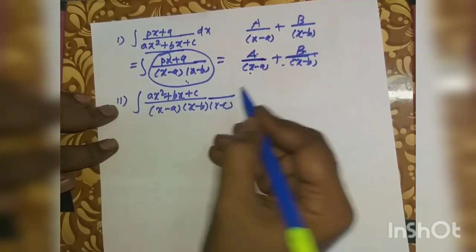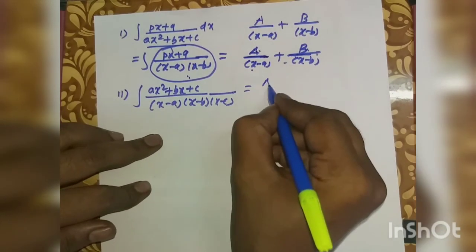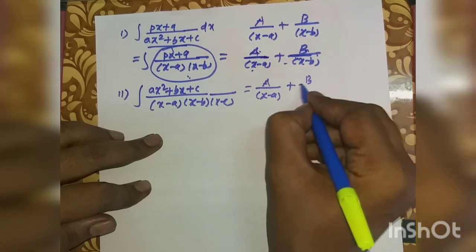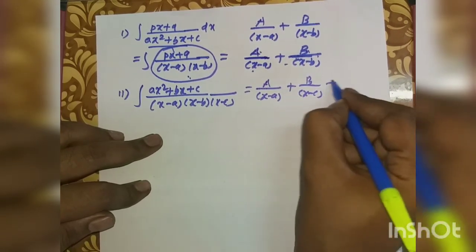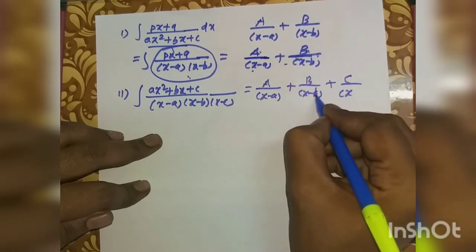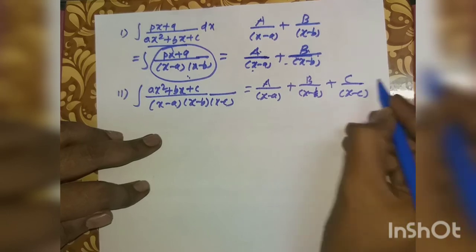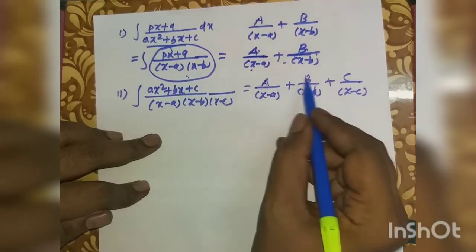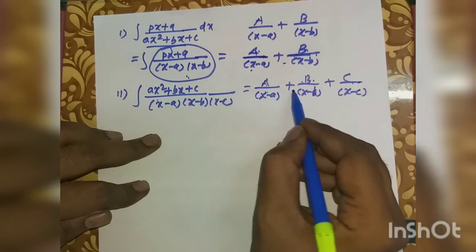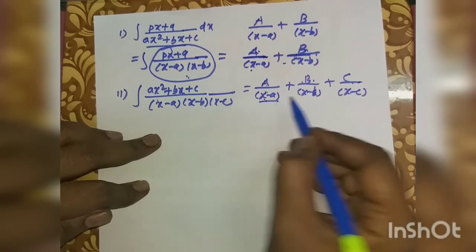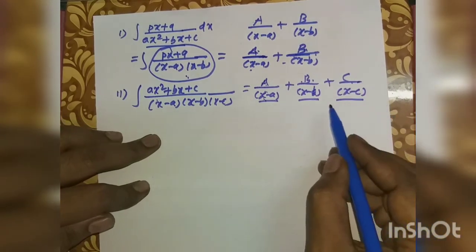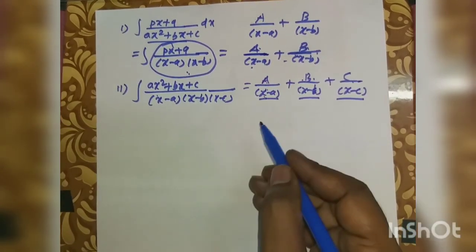There are three factors. Then we write a divided by x minus a plus b divided by x minus b plus c divided by x minus c. We find a, b, c. That means this quotient is expressed as a combination: a divided by the first factor, b divided by the second factor, c divided by the third factor, and on integrating we get its integration.